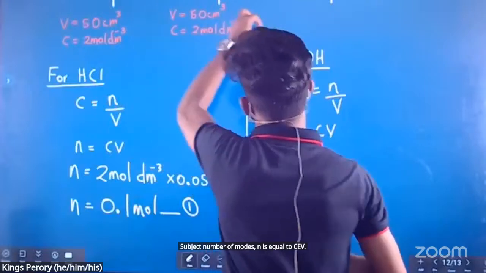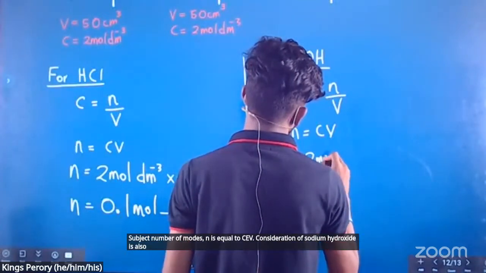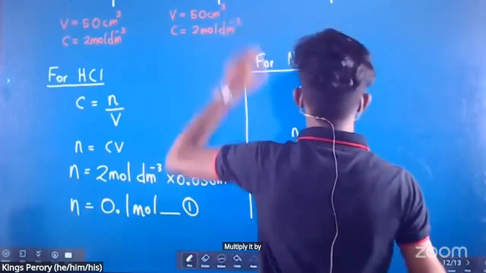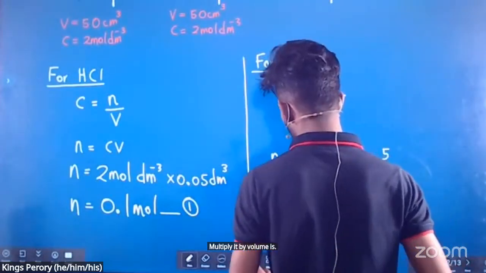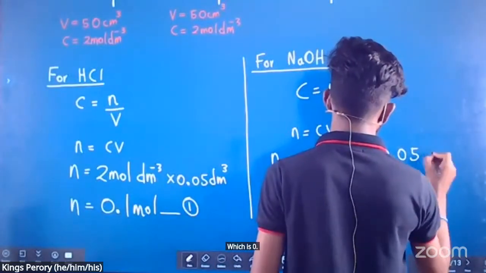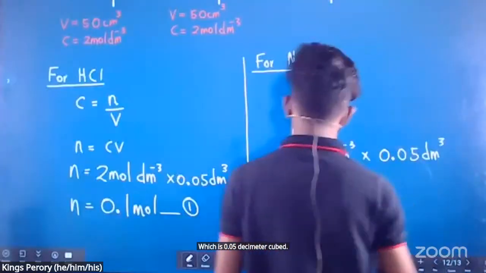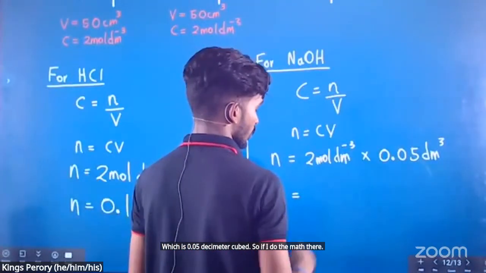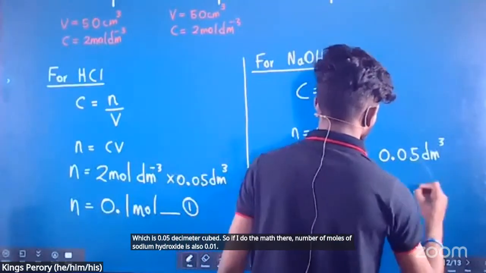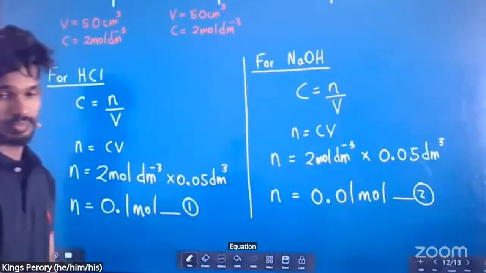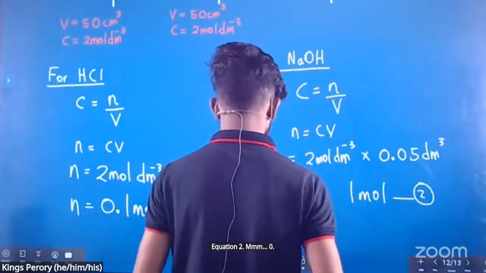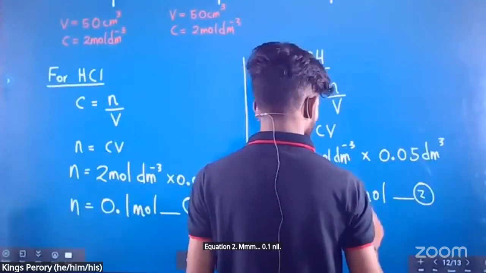Concentration of sodium hydroxide is also 2 mole per decimeter cube multiplied by volume 50, which you convert to 0.05 decimeter cube. If I do the math there, the number of moles of sodium hydroxide is also 0.1 moles. Equation 2.